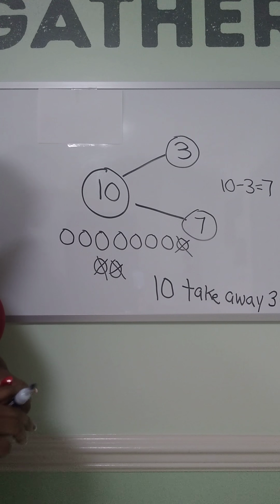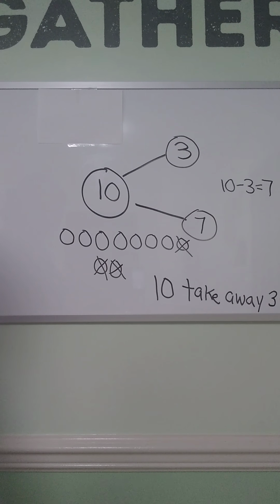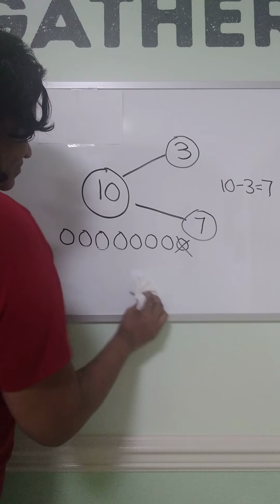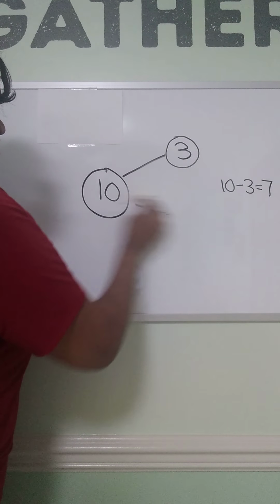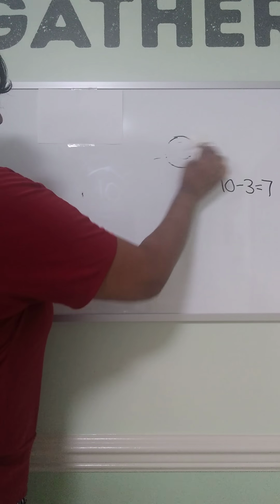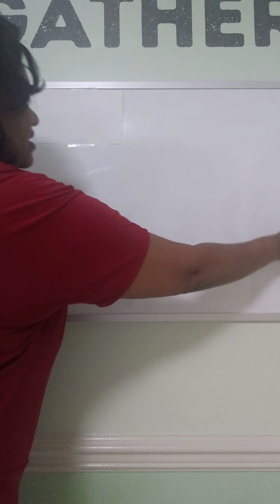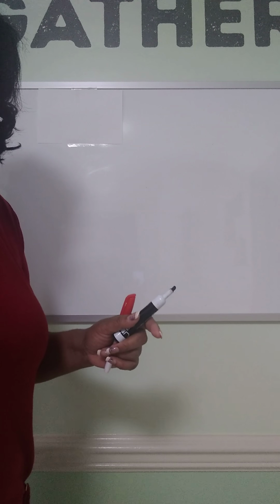Okay? So let's do another one. I know that was some long steps, but let's do another one. Remember, you're just taking away whatever number you initially use, you're taking away.